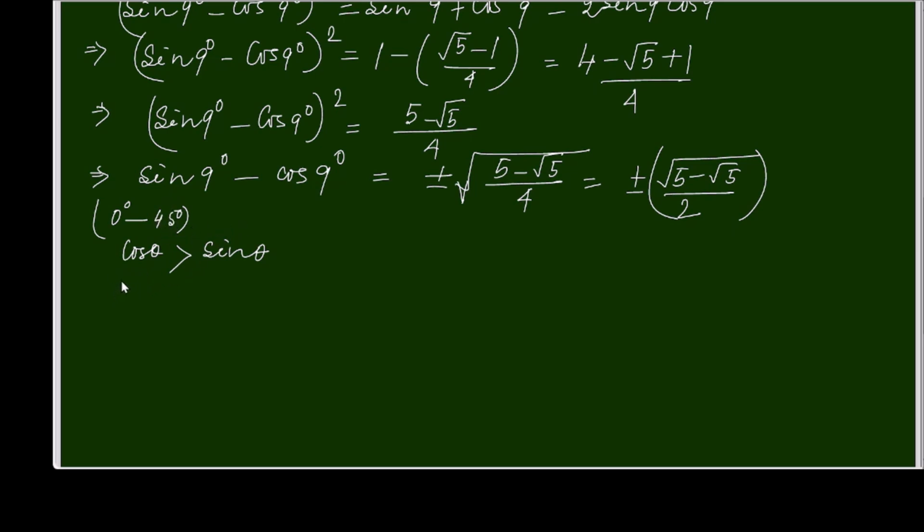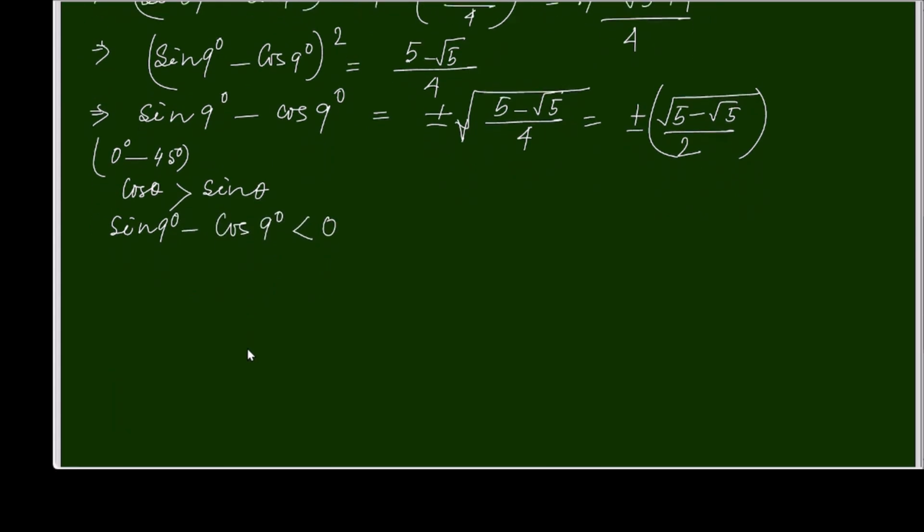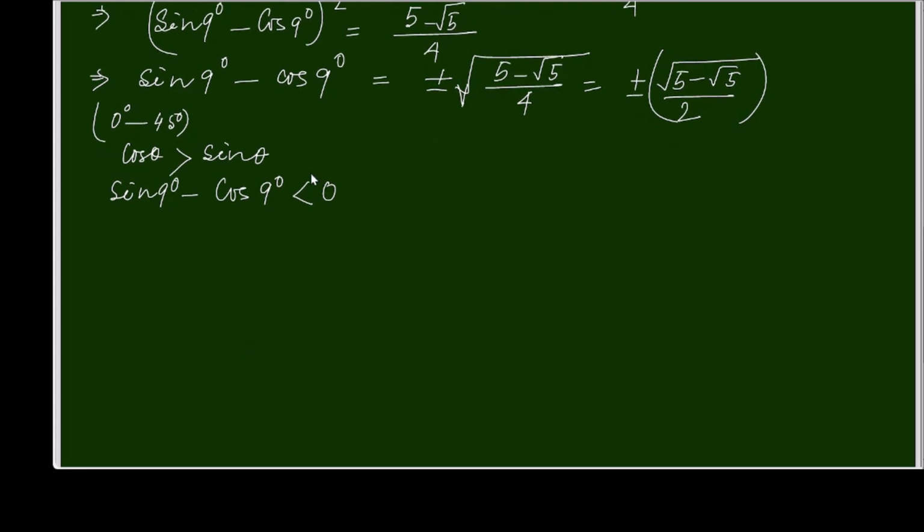So sin 9° − cos 9° is less than 0. So which value will be correct? The negative will be correct. So sin 9° − cos 9° equals negative √(5 − √5) divided by 2.